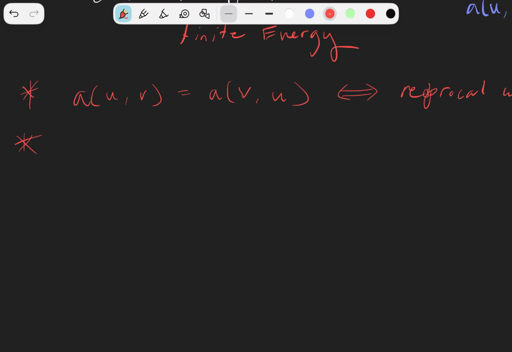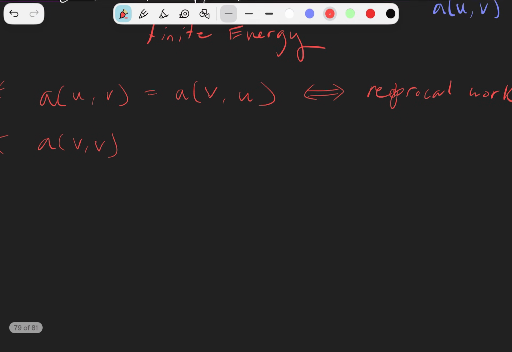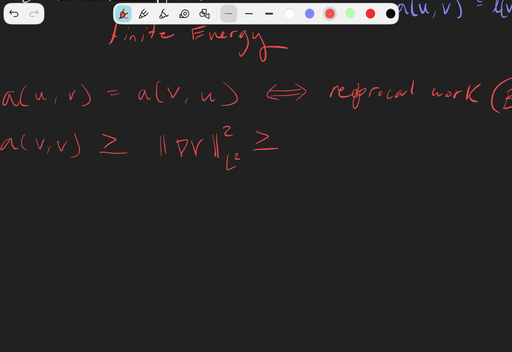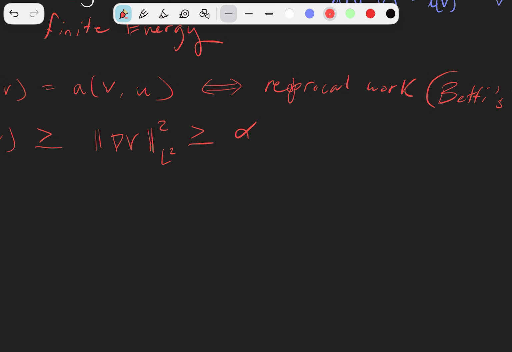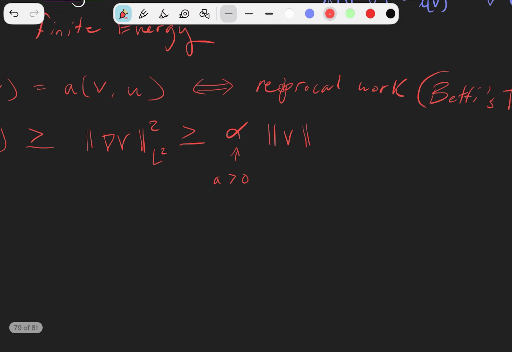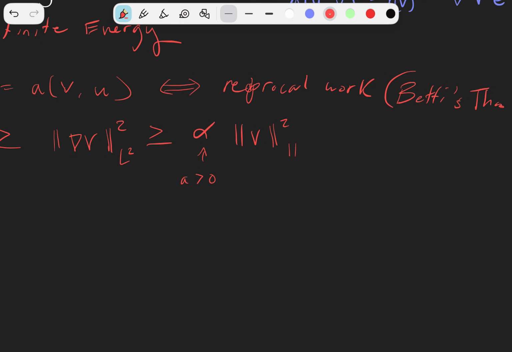The next thing is the idea of coercivity. So if I were to take the energy bilinear form of itself with the test function of itself, this should be the upper bound on the norm of the gradient in Hilbert space of the test function, and this should be bounded below by some alpha, where alpha is greater than 0, by the norm of the function itself in a Sobolev space.